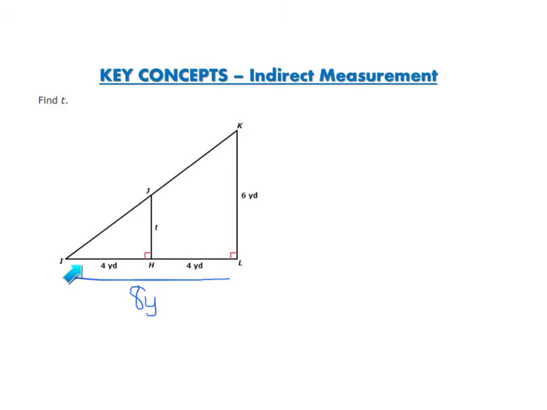So I'm going to make my proportion again, and I'm going to start with the larger triangle, and I'm going to make 6/8 equals, I'm going to match this vertical 6 and T, and the horizontal 8 and 4. I cross multiply. 6 times 4 is 24. Divided by 8 is 3. So T equals 3.